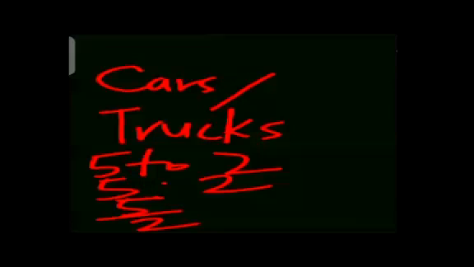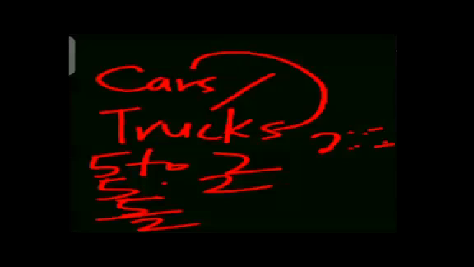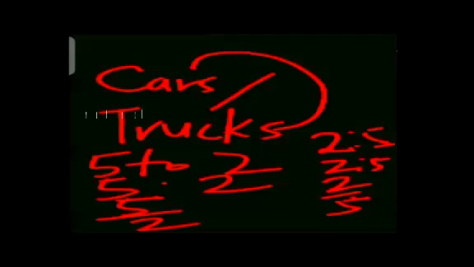If the question were to say we should find the ratio of the trucks to the cars, that means we are going to have 2 ratio 5. That is trucks to the cars. Or we have 2 column 5, or we have 2 over 5. It's just because the question said cars to the trucks that we have the other one at the left.